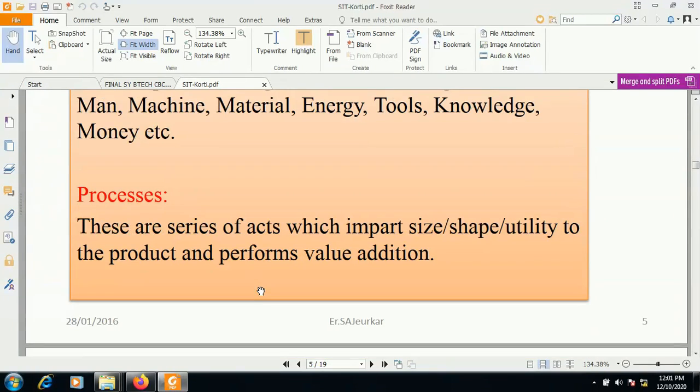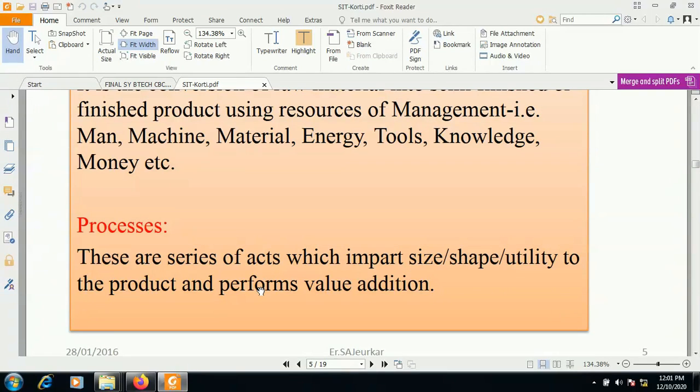Now processes means a series of acts which imparts size, shape, utility to the product and performs its value addition. Series of acts means this cannot be a single process. We have to convert that product from one stage to another stage. We have to apply a series of operations on that raw material so that we can increase its utility. Utility means value addition, or usefulness.